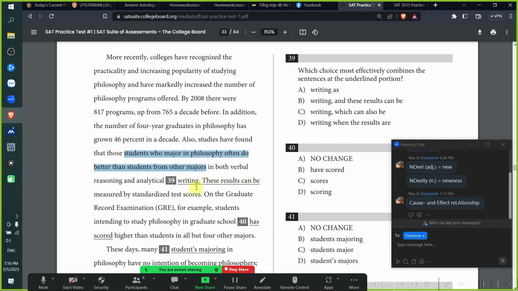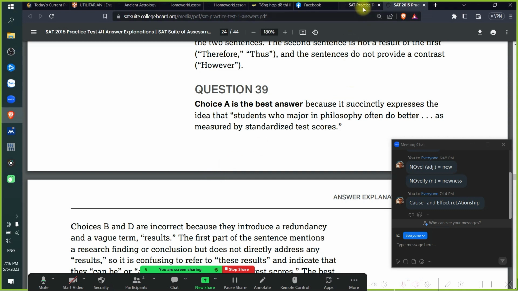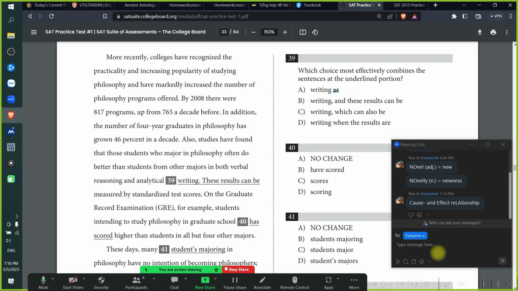Cái chỗ kết quả này nó nói là kết quả thi tốt hơn, nó sẽ minh chứng được là cái vụ mà những người mà học philosophy thường là tốt hơn những sinh viên mà những ngành khác. So it provides a reasoning why. So use the word as. So 39 is A, you know the word as can mean because, right? Or when. Cái từ as nó có thể có nghĩa là bởi vì, hoặc là có nghĩa là khi mà, là when hoặc là chỉ because.